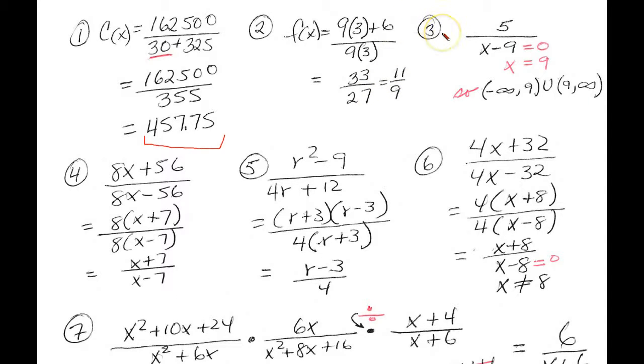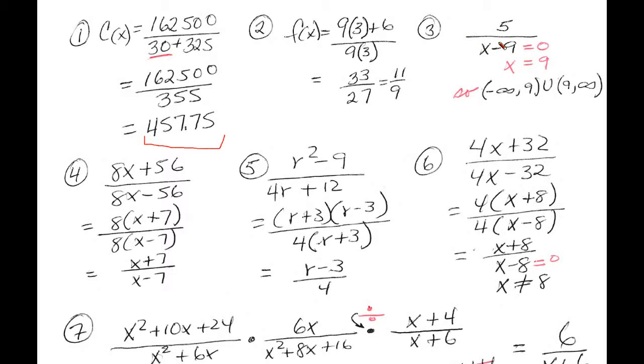Now here they're asking what is the domain of our x value. We equate the denominator to 0, solve it, x equals 9. So if x were a 9 here in the denominator, it would make that denominator a 0.